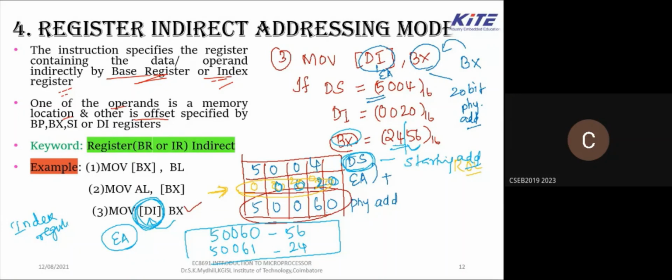Along with that, we have to move the content. This instruction says it should move the content of BX to the DA register. This DA is nothing but the index register. So indirectly, this is register indirect addressing. It will not move to the specified location; it will move to the 20-bit address location, which is nothing but the physical address.